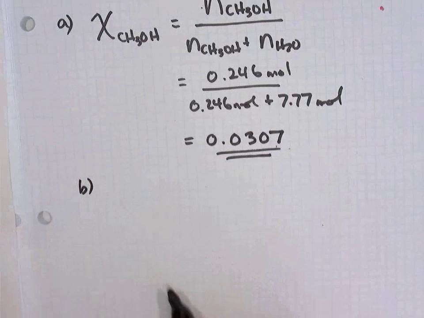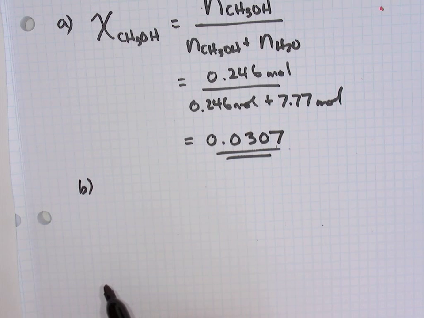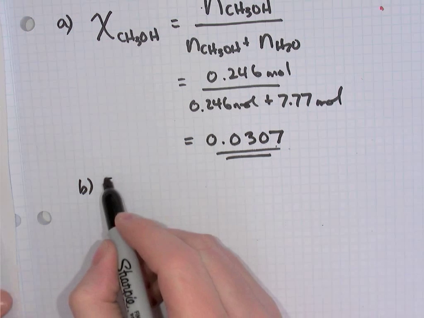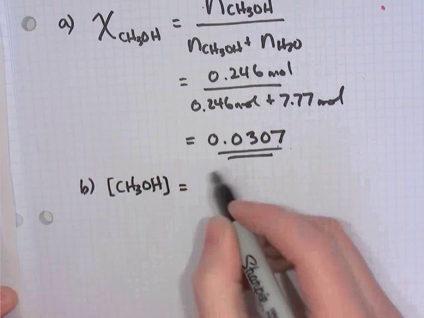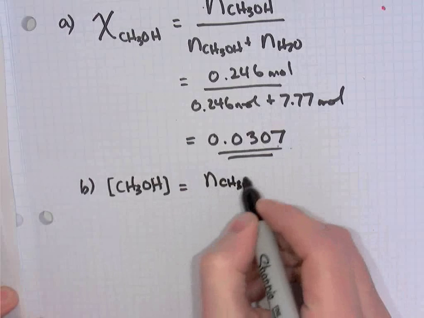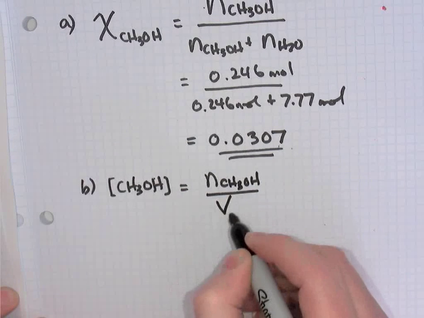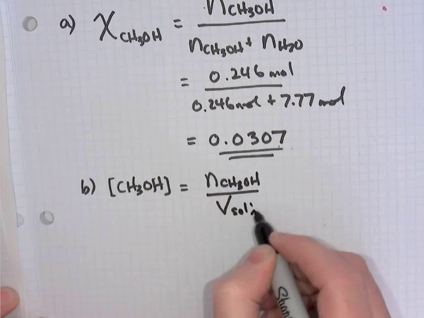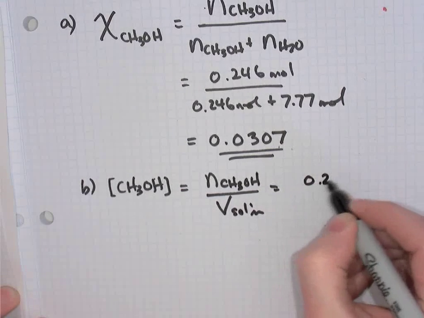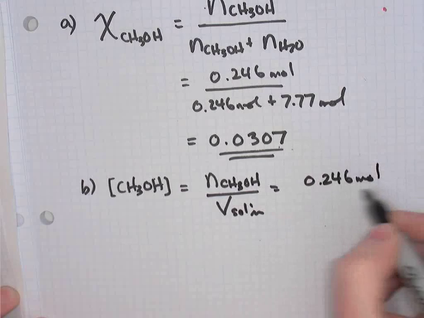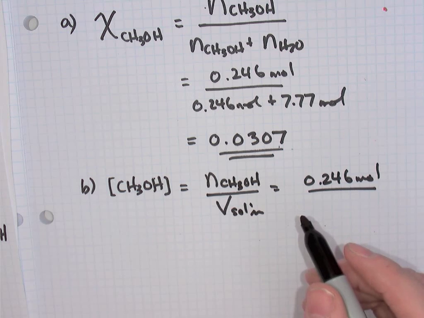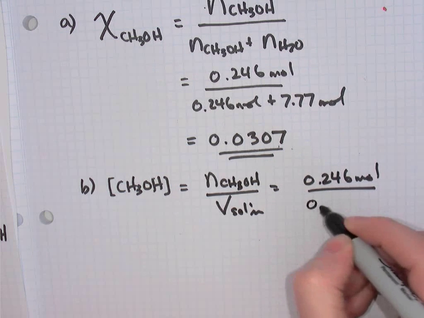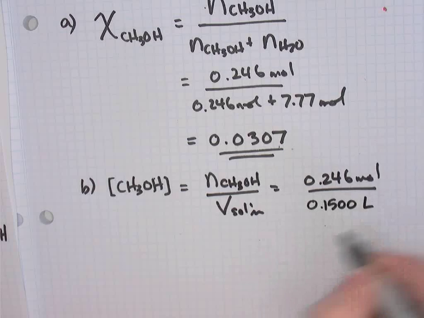Part B, we were asked to find the concentration of the methanol, which is its molarity. So that'll be the moles of the methanol divided by the volume of the solution. So that's going to be 0.246 moles over the volume of the solution in liters, which was 0.1500 liters.